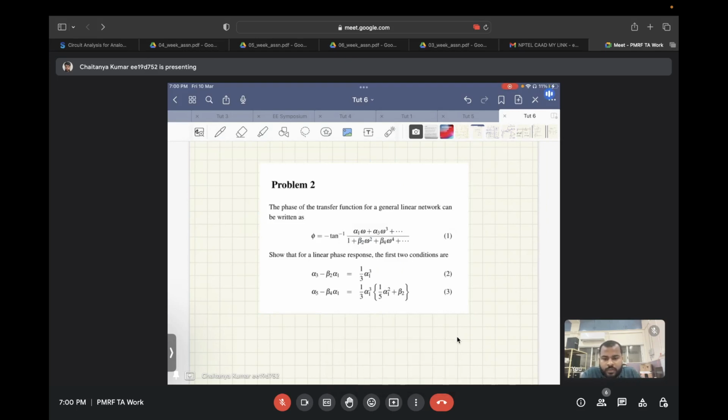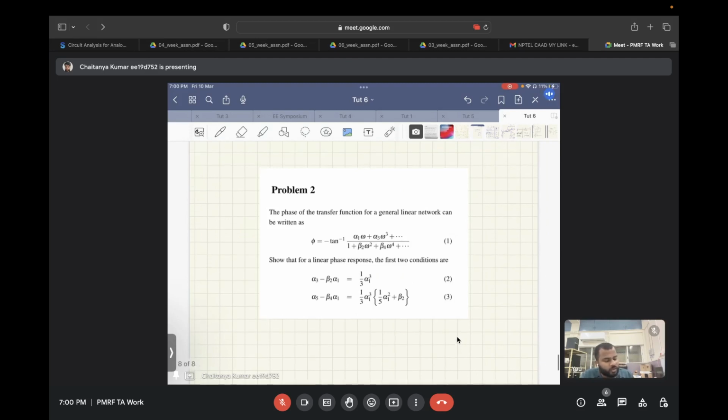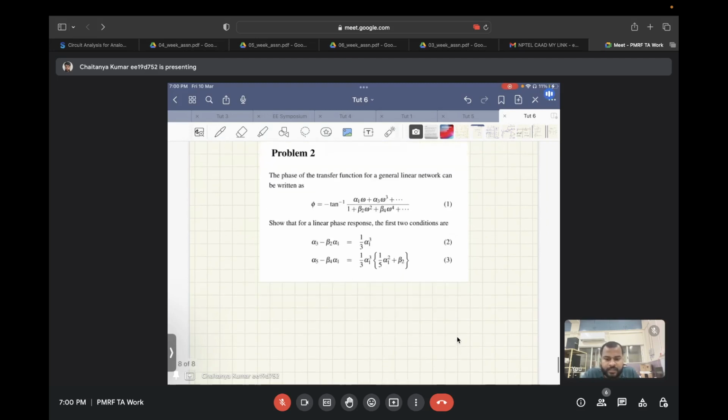What you need to do is, the phase transfer function has been given to you, and you need to show that for linear phase response, the first two conditions are as follows. So now I hope you understand the significance of linear phase response. Yes, that phase delay, a constant delay should be there for all the frequencies.